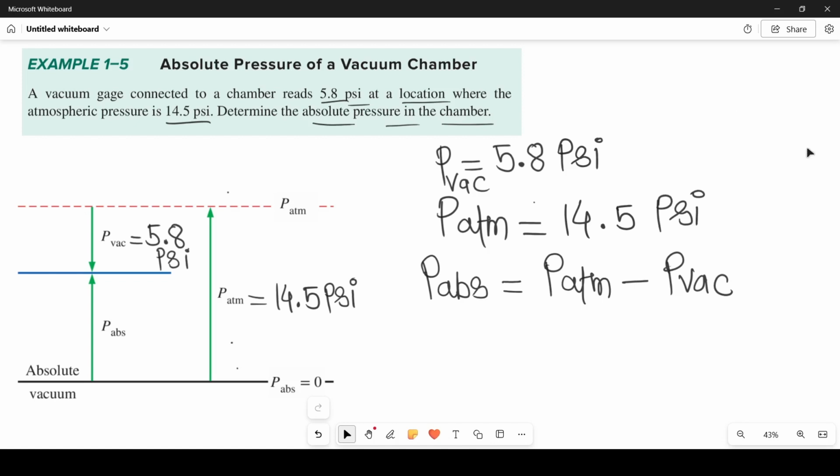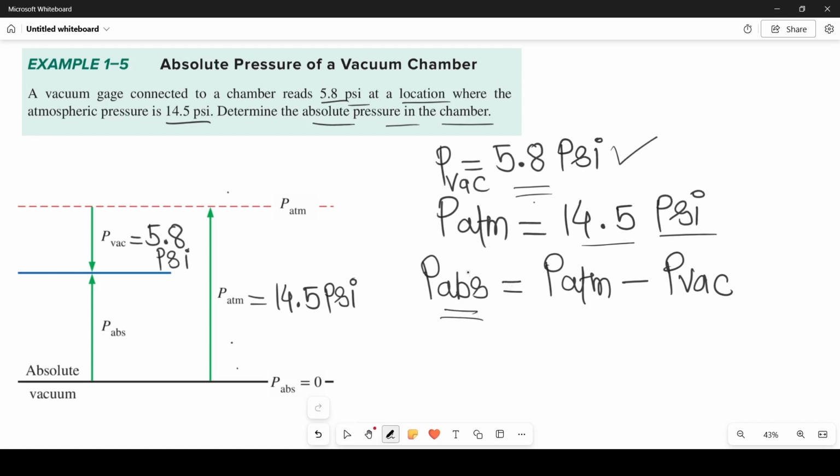So here the atmospheric pressure is given as 14.5 psi. Psi is pound per square inch, it is the unit of pressure, and the given pressure is 5.8, which is less than the atmospheric pressure. That means this pressure is vacuum pressure. So the question is, what is the absolute pressure?